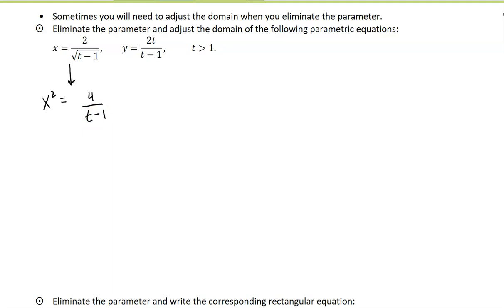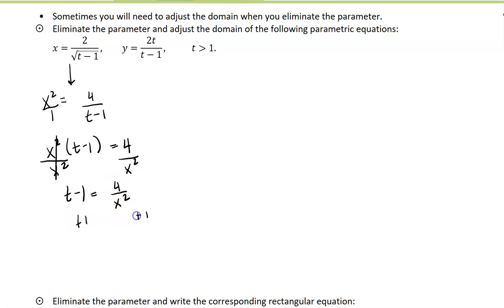And I'm going to cross multiply. This is understood to be over 1. So I get x squared times t minus 1 equals 4. And then I'm going to divide by x squared and get t minus 1 equals 4 over x squared. And then I'm going to add 1 to both sides. So I get t equals 4 over x squared plus 1.